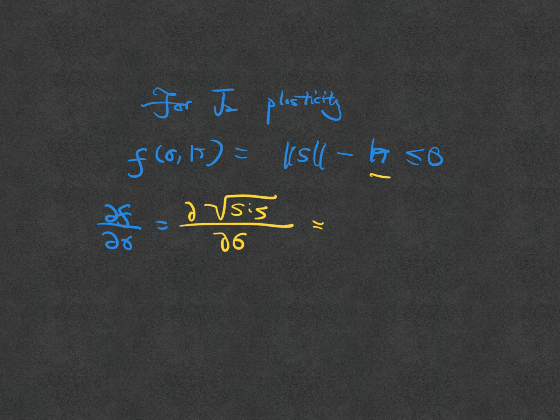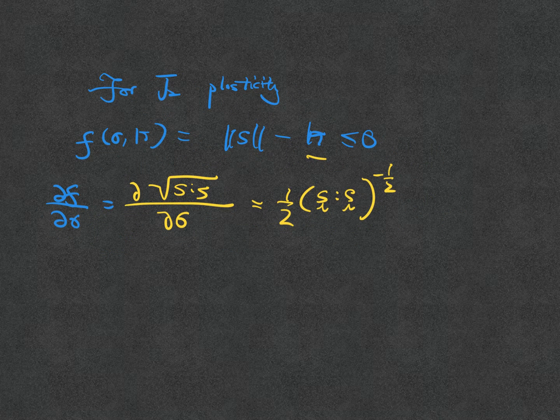If I apply the chain rule in calculus, I will have 1/2 (S double dot S) to the power of minus 1/2, times the partial derivative of the deviatoric stress with respect to the Cauchy stress, times 2.